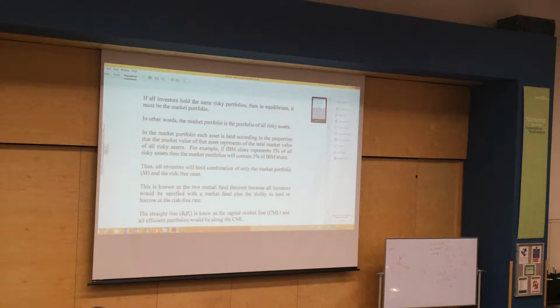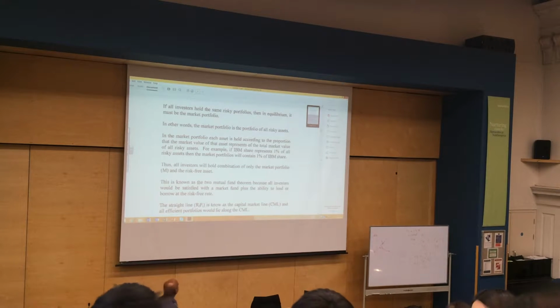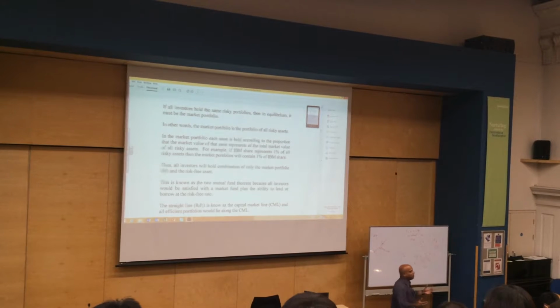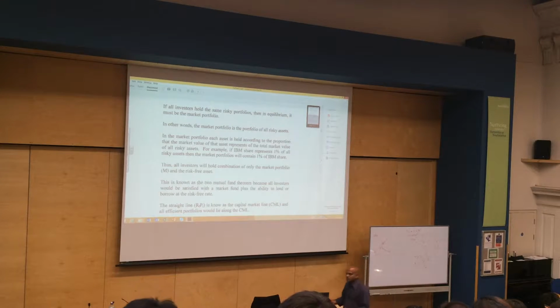of the total market portfolio, the weight in the market portfolio will be that percentage. Investors will buy only risk-free assets and the market portfolio. If you are very risk averse, then you will lend and put very little of your money in the market portfolio.